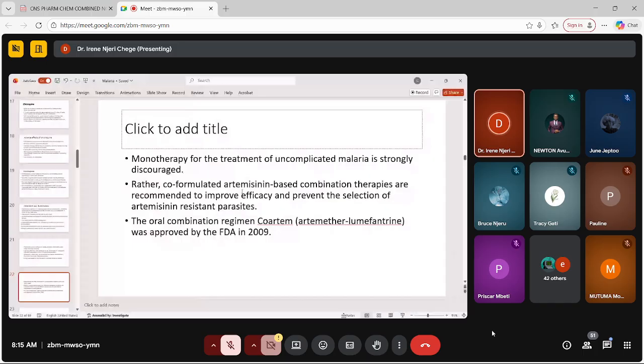Artemether is lipid soluble; lumefantrine we'll cover. Now lumefantrine, we'll cover it, is an amino alcohol together with halofantrine. I don't know if I told you that.